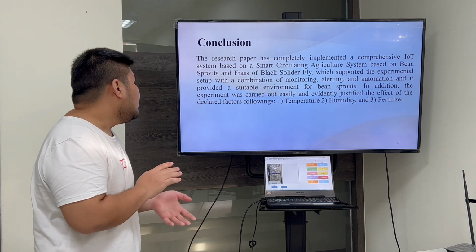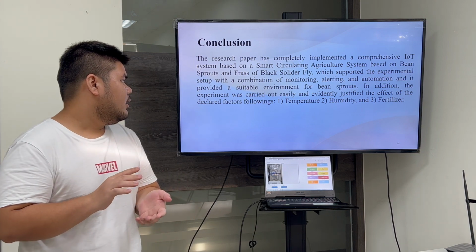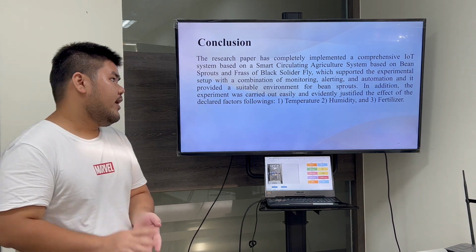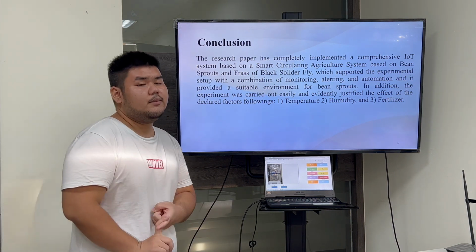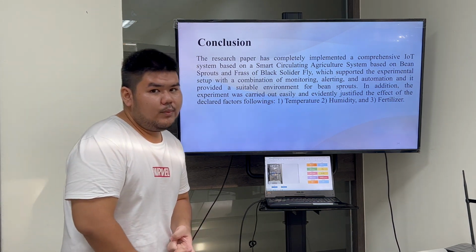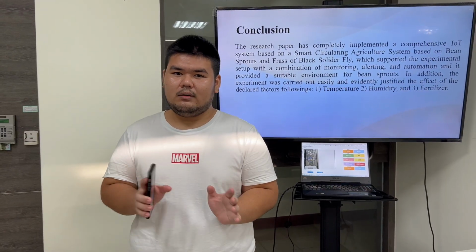In addition, the experiment was carried out to justify the effect of the declared factors. The first one is temperature, the second one is humidity, and the last one is the fertilizer. Okay, let me show you our system.